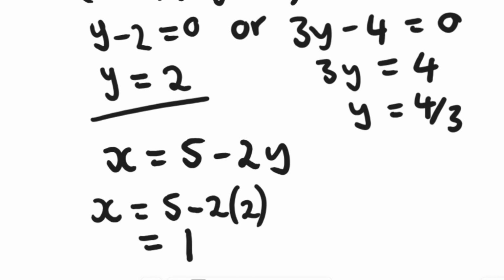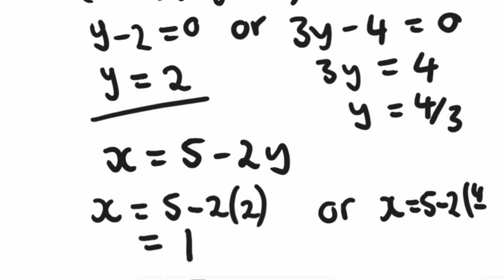Or our x is equals to 5 minus 2 into 4 over 3. Sorry about that, this should be 4 over 3, that is visible.